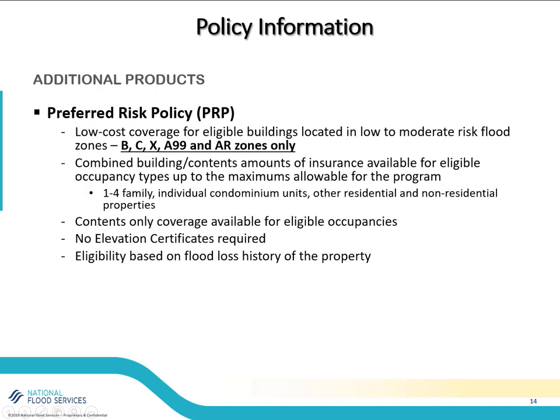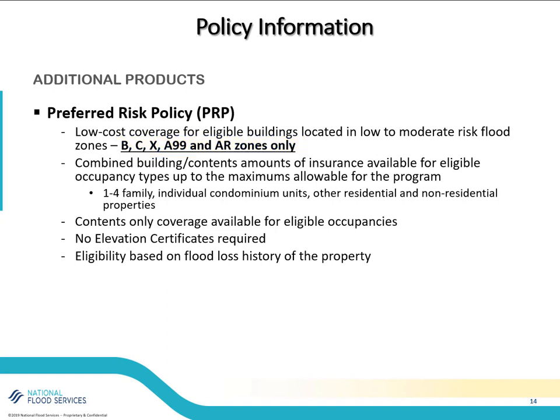The National Flood Insurance Program does have a couple of additional products that are available. The first product is the Preferred Risk Policy. This policy is written either under the dwelling form or the general property form. The Preferred Risk Policy is a low-cost package policy that offers reduced premium for the low-risk flood zones, which are called non-special flood hazard areas, or zones beginning with the letter B, C, X, A99, and AR.